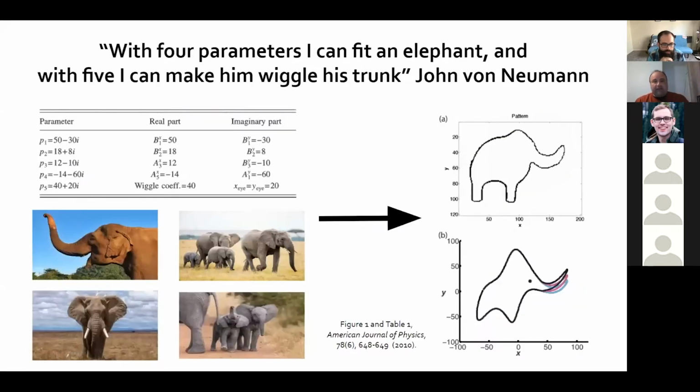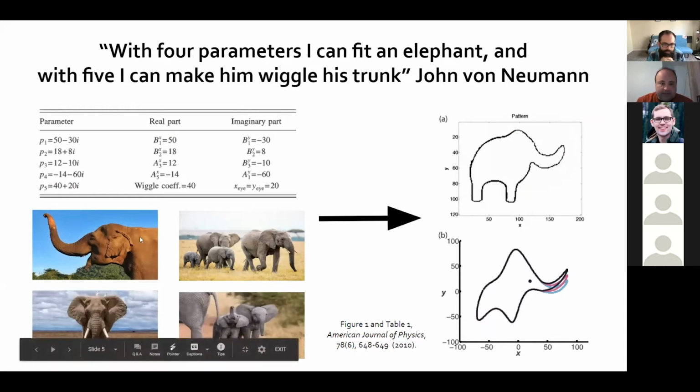Associated with this is this idea from John von Neumann, where he criticized a lot of modeling. This was 50 or 60 years ago when he made this observation. The quote is, "With 4 parameters, I can fit an elephant, and with 5, I can make him wiggle his trunk." And so you can see over here, here's some elephants, here's some equations, and you can build these models in graphical form.